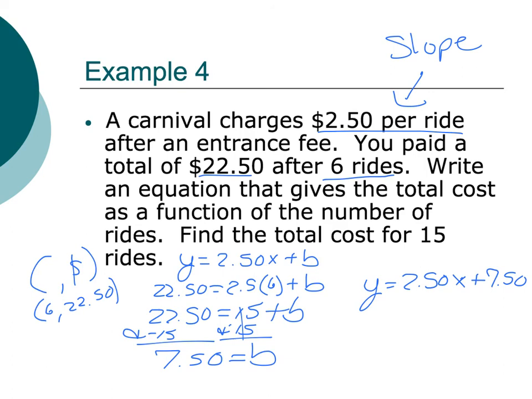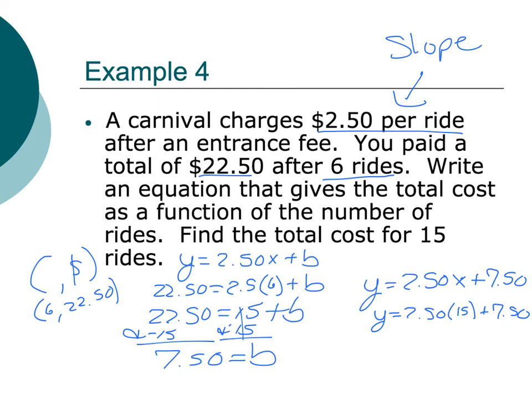We've been asked now to find the total cost for 15 rides. 15 again is your x value. Total cost is your y. So plug 15 in for x. So y equals 2.50 times 15 plus 7.50. 7.50 is your entrance fee. Okay, how much you have to pay to get into the park before you even buy tickets.